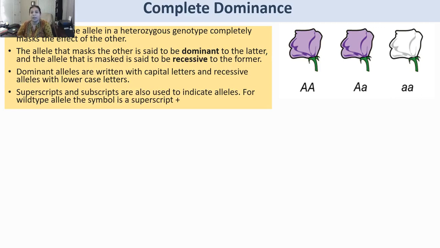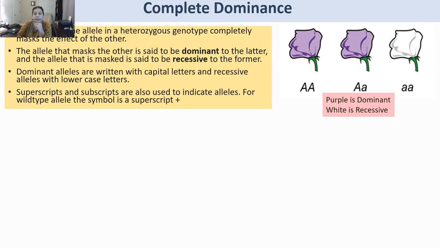Dominant alleles in genetics are written with capital letters and recessive alleles with lowercase letters. And then we can also sometimes use superscripts and subscripts for different alleles. For your wild type allele, we typically use a plus sign to indicate that this is the wild type version of that allele, or the most common version in a given natural population.